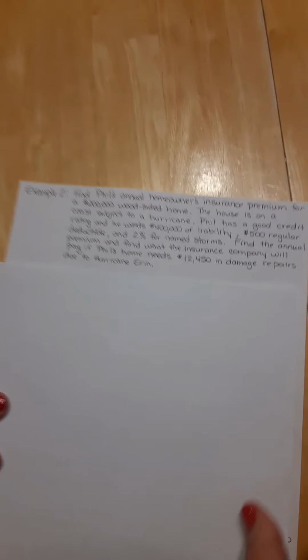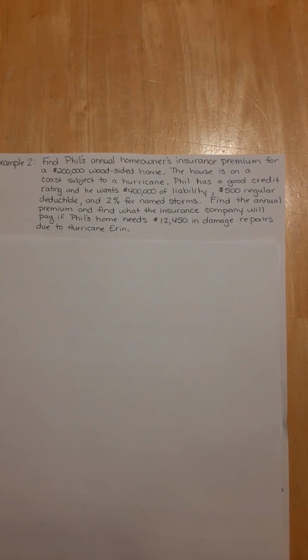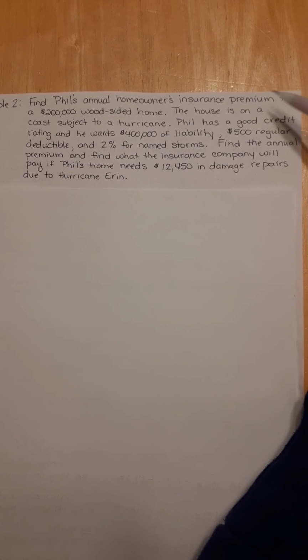Okay, let's do another example that uses some different situations here. So let's look at this example here. You can follow along. It's an example on 407 in your book. Basically, we have Phil here. His annual owner's insurance premium is for a $200,000 wood-sided home.